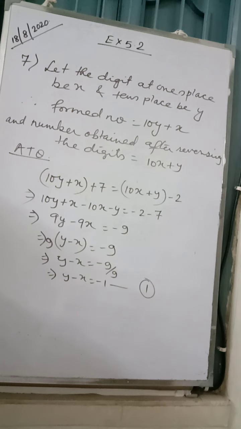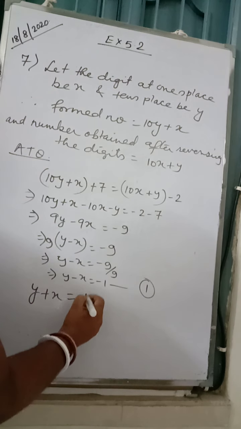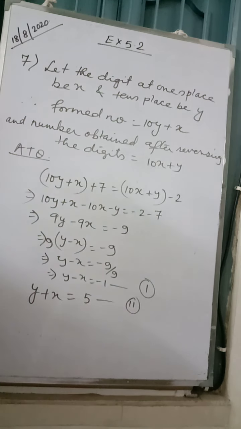The second equation says the sum of digits is 5: y plus x is 5, equation number 2.